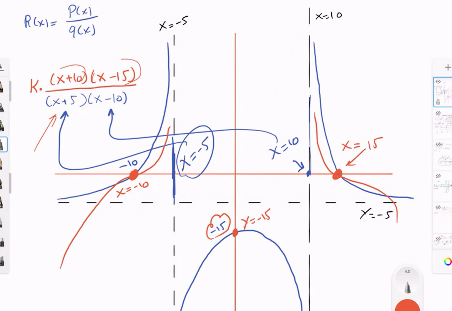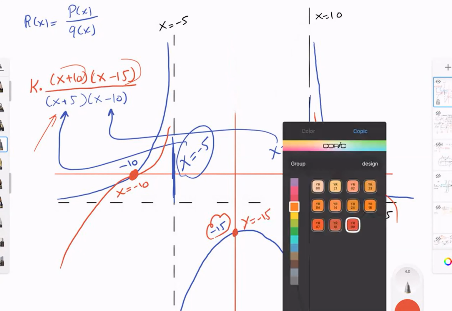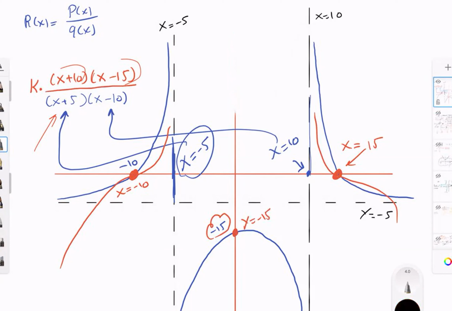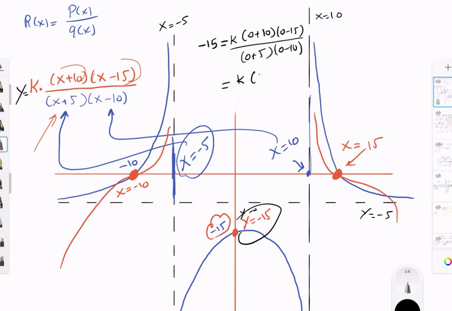So we use that. So -15 and x equal to 0. We're going to say -15 equal to, this is y, -15 equal to k, 0 plus 10, 0 minus 15, over 0 plus 5, and 0 minus 10. So this is equal to k.